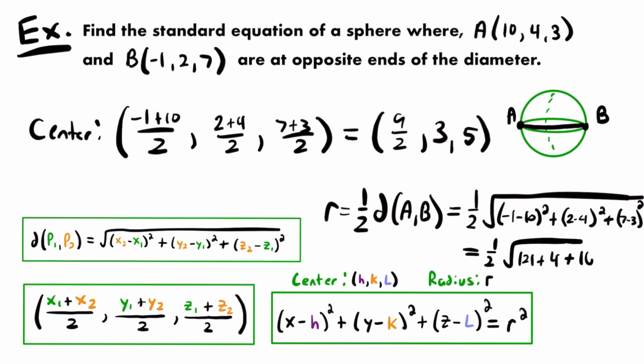So we'll have 16. All right, now 4 plus 16 is 20, plus 121 is 141. So this is equal to 1/2 times the square root of 141, or another way that we could write that is the square root of 141 divided by 2. That is the radius of our sphere.